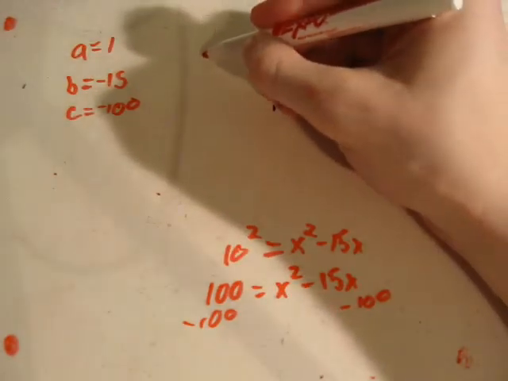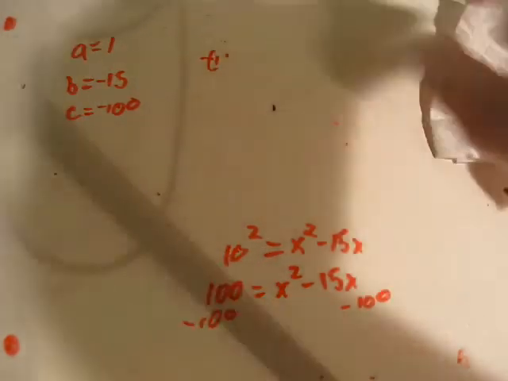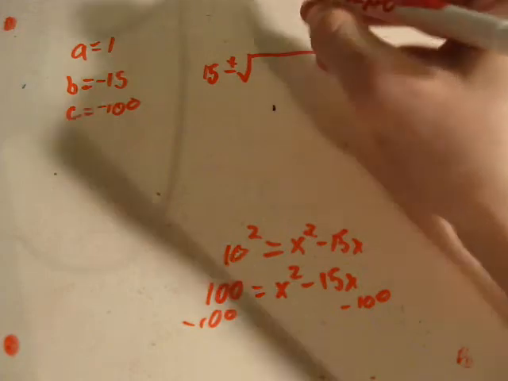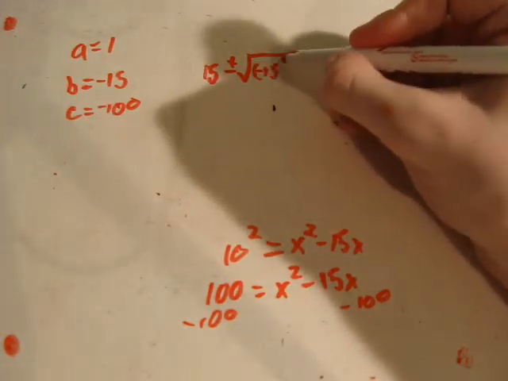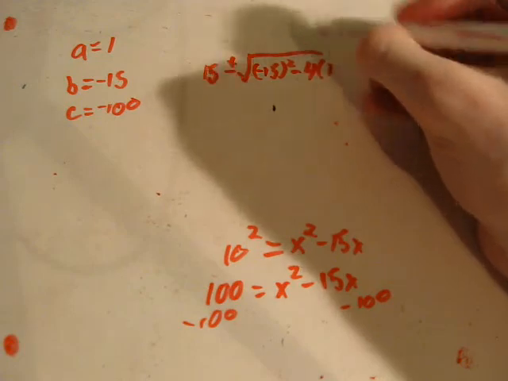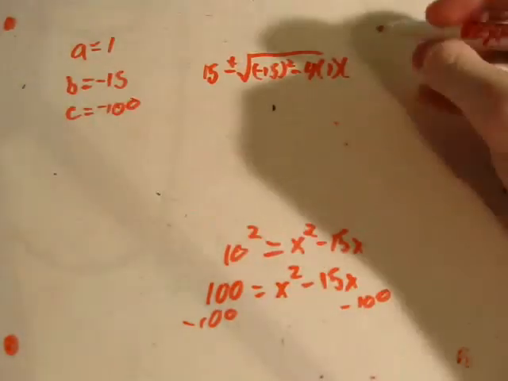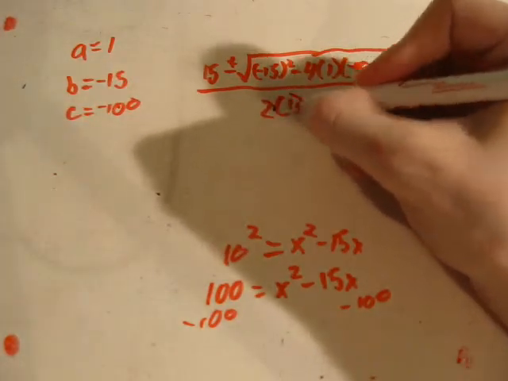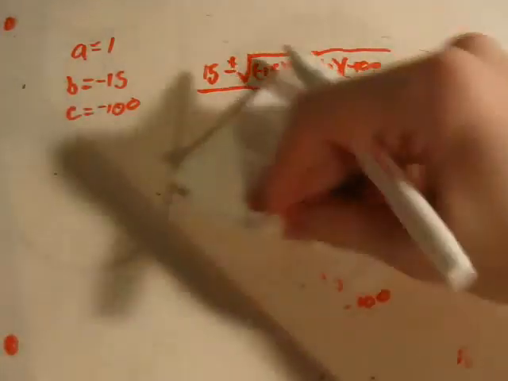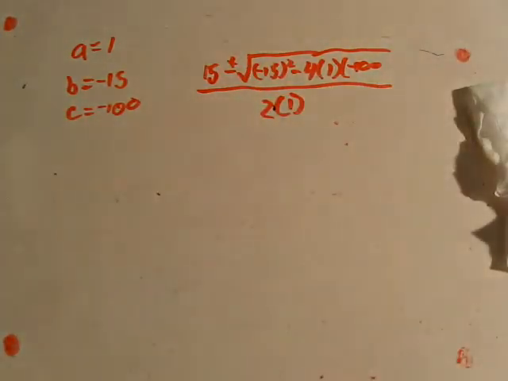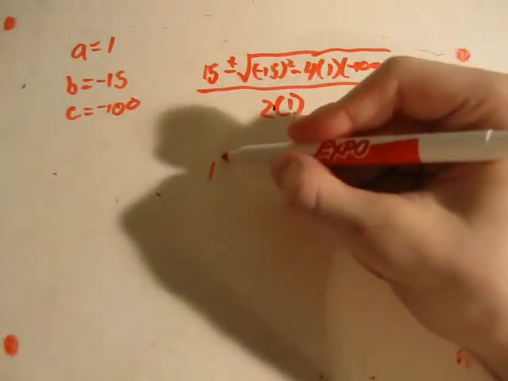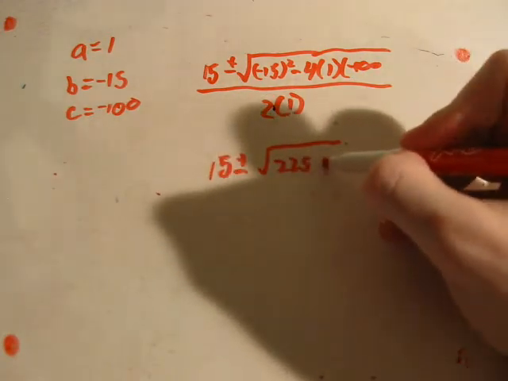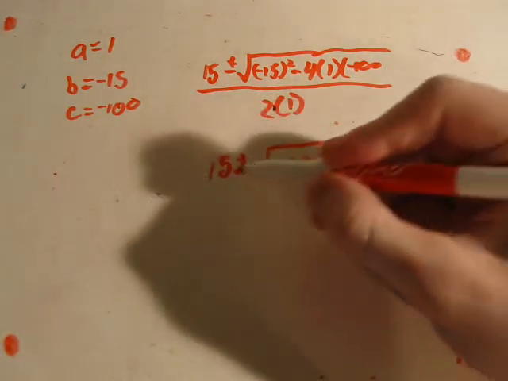So that means that negative b, which is 15, plus or minus the square root of negative 15 squared minus 4 times 1 times negative 100, all over 2 times 1. And so this becomes 15 plus or minus the square root of 225 plus 400, over 2.